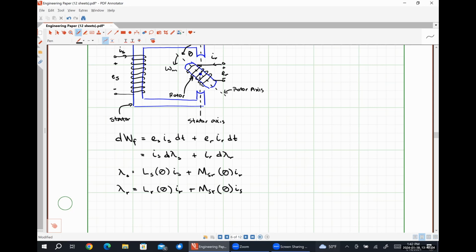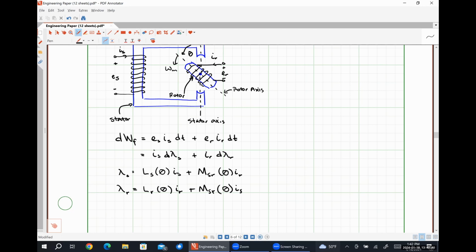All right. So what's happening to the air gap length as that rotor spins? It's constantly changing, right? When the rotor and the stator axes are in perfect alignment, meaning theta is equal to 0, the air gap is at its minimum, which means our self and mutual inductances should be at their maximum values.